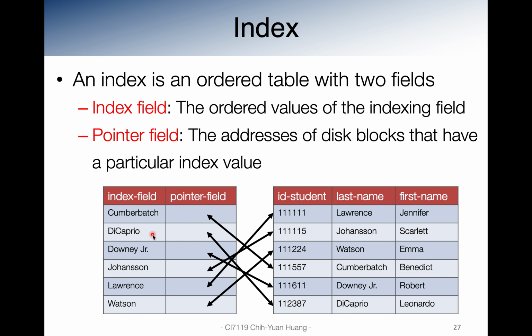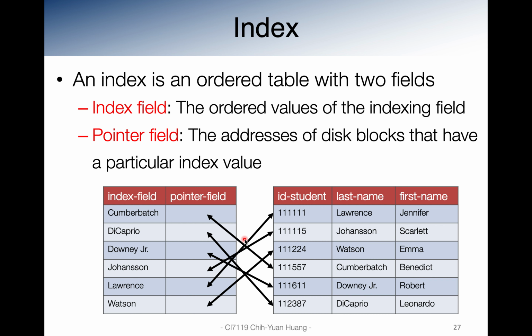This Cumberbatch index will link to the data block of the records that have Cumberbatch as the indexing field. For DiCaprio, it contains the address linking to this DiCaprio data block over here, and Johansson will link to this one, which is Scarlett Johansson, and then Watson will link to this, which is Emma Watson. So this is the structure of an index.